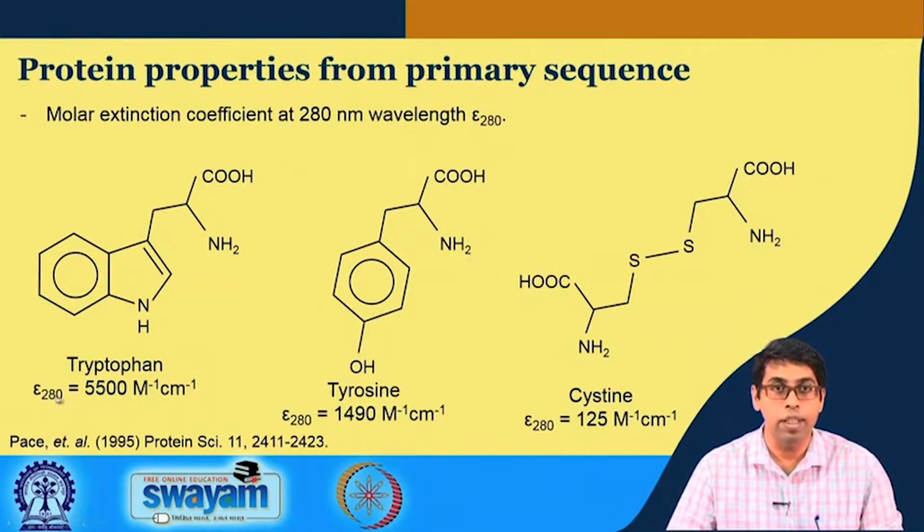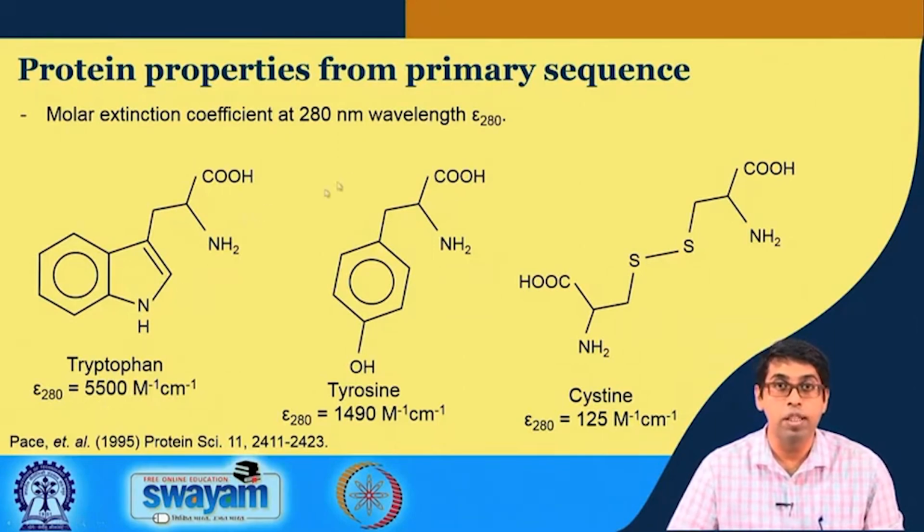Tryptophan has the highest extinction coefficient, 5500 per molar per centimeter, whereas for tyrosine it is close to 1500 and for cystine it is 125. If you know the sequence, you know how many tryptophans and tyrosines there are, and you may or may not have cystine. So, you can multiply the number of tyrosines by 1490 and add it to the number of tryptophans multiplied by 5500, and you will get an estimate of epsilon 280 for your protein.